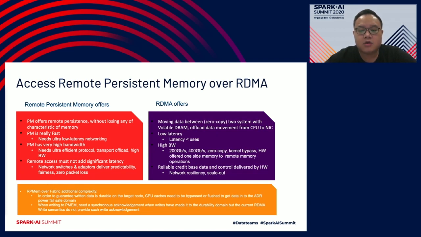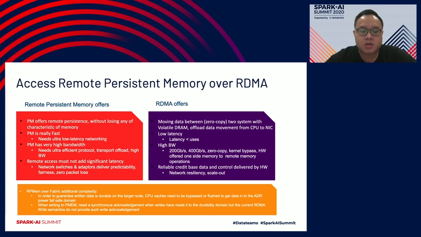If we take a look at the right picture, RDMA offers moving data between the 2 systems without involving the CPU. It offloads all the operations to the network for low latency. The latency is extremely low, and it offers very high bandwidth. Today's most advanced network cards are actually RDMA capable.